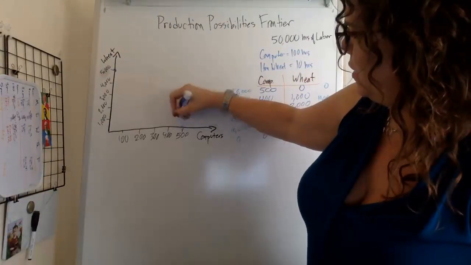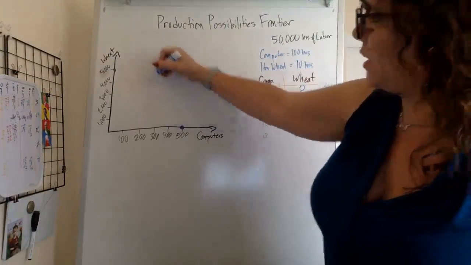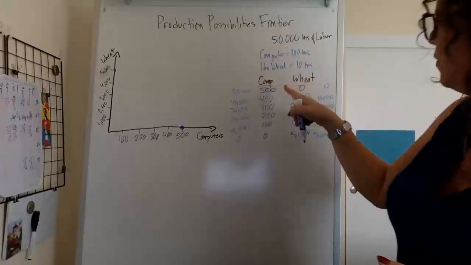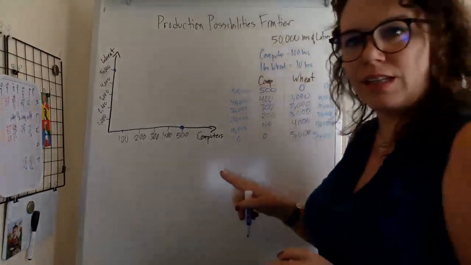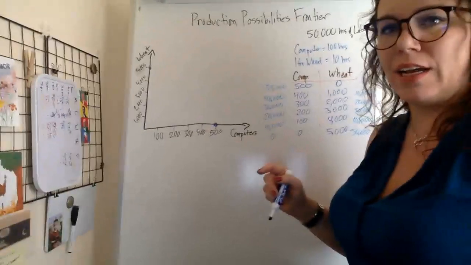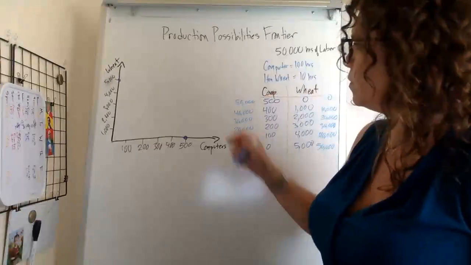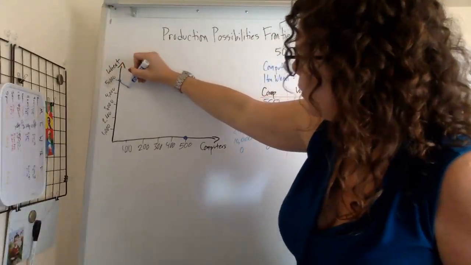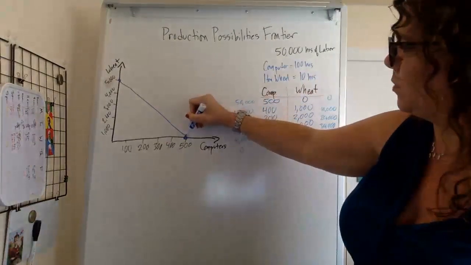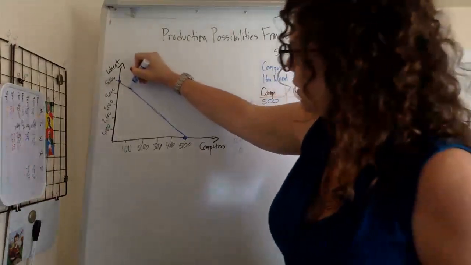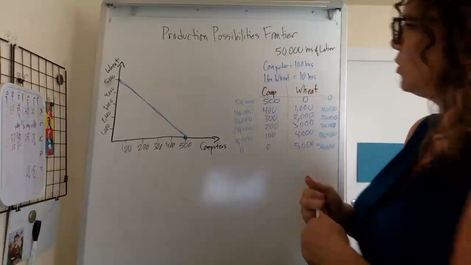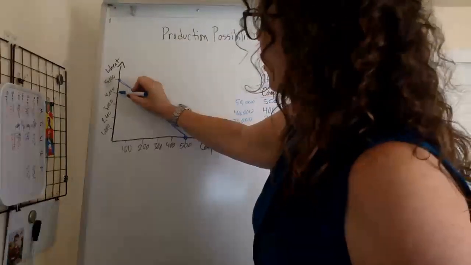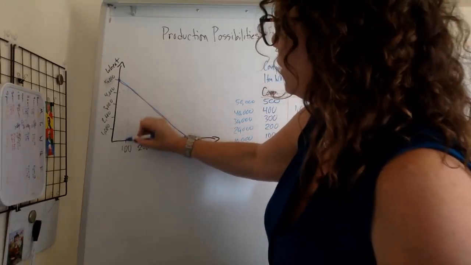And because this is a fixed technology, with the same opportunity cost all along the way, it's going to be just a straight line between those two points. And so our production possibilities frontier is going to be just this straight line. All along this PPF are all of our possible combinations of production.